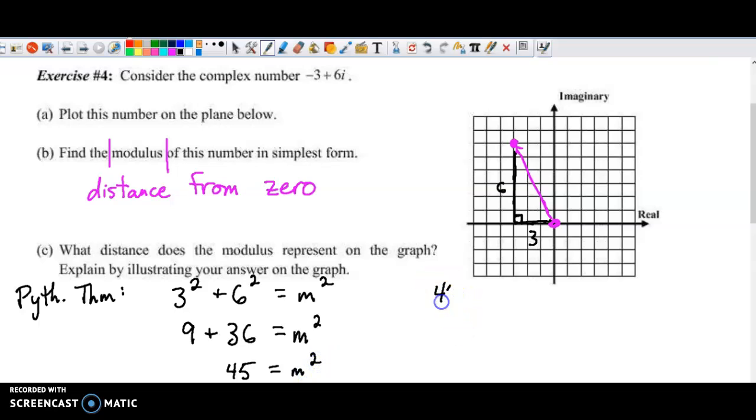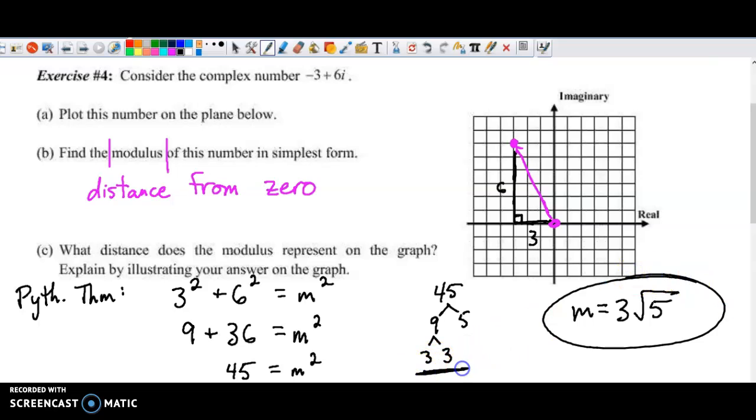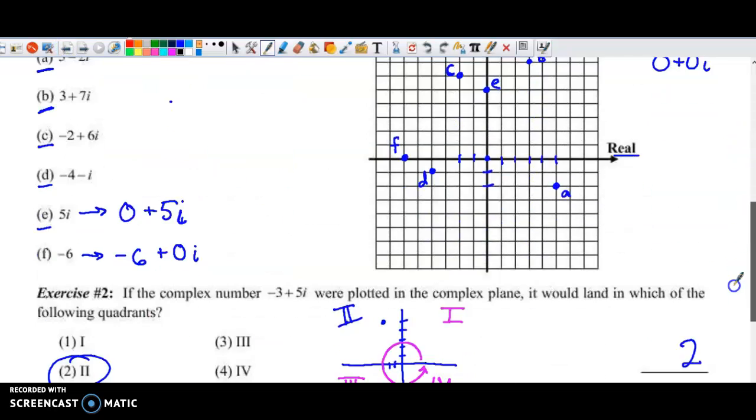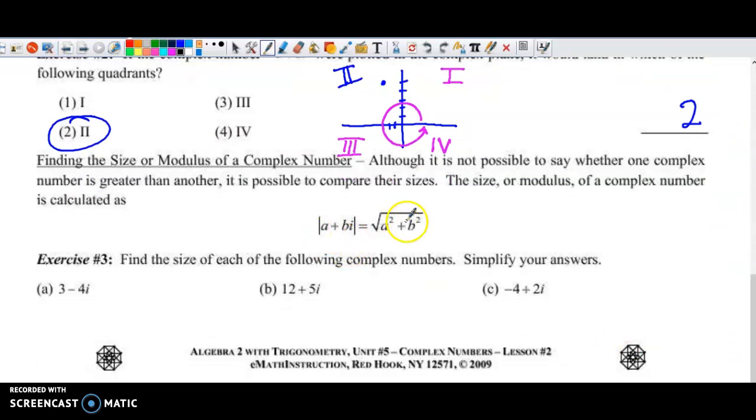And just a reminder on simplest radical form, because I do want you to practice that: that's 9 times 5, and 3 and 3. So the modulus in this problem is equal to 3 root 5, if you remember how we talked about doing this. I would actually prefer that method to what they do in exercise 2, where they just tell you to do this problem without really any prerequisite work.